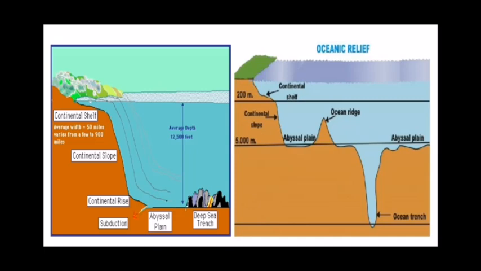In a similar way, in the oceans also, the landforms that are found are uneven. Some are very high, some are low, some are flat. The ocean floor reliefs consist of submerged landforms. There are many landforms that are under the water. The structure of the ocean floor differs from ocean to ocean.